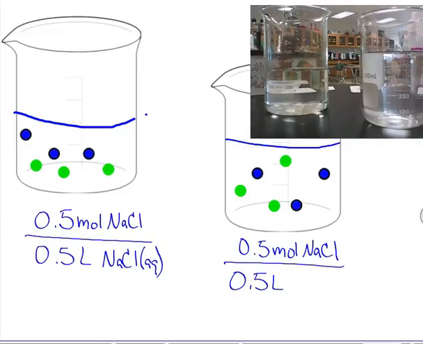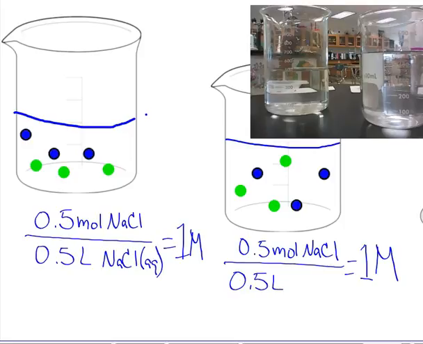Notice that I'm saying that there's half a mole and half a liter. The solutions are still 1 molar because the concentration is that ratio. So half as much solute and half as much solution is the same concentration as before.